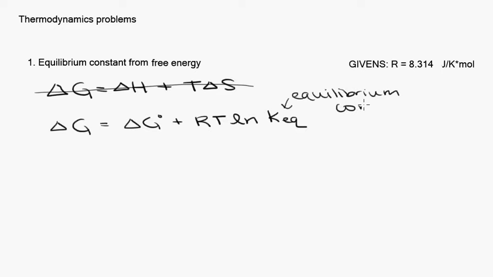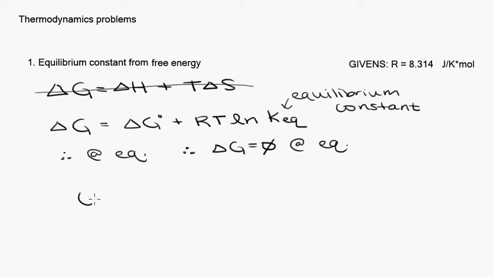So if we're using the equilibrium constant, then we know this is at equilibrium, and therefore delta G equals 0 at equilibrium. So 0 equals delta G naught or delta G naught prime plus RT natural log of KEQ.